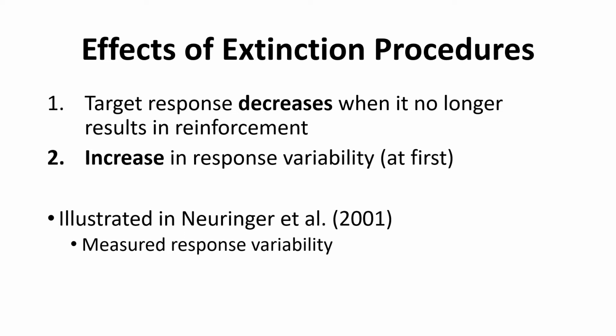You're doing slightly different responses to see if any of those can work instead. And this process, having a decrease in responding and an increase in variability when you are responding, is well illustrated by a study by Neuringer done back in 2001, where they were looking specifically at response variability.